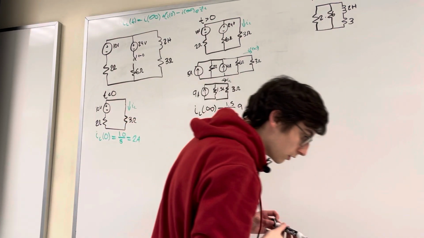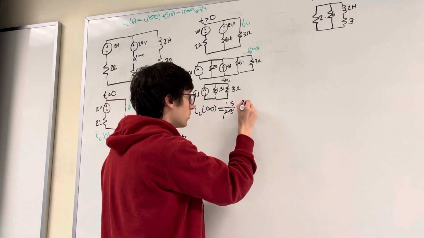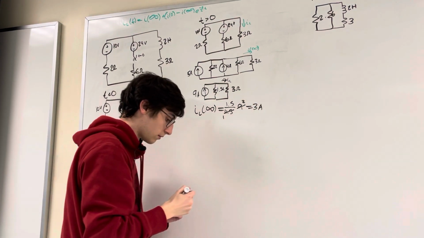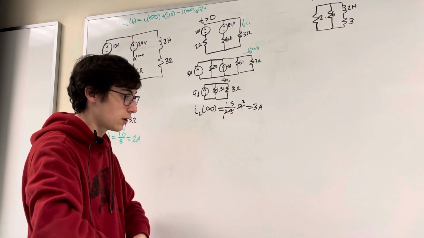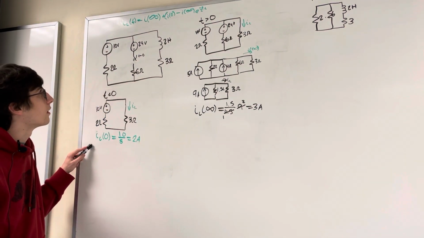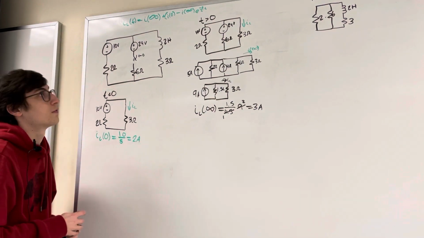And that is just going to be equal to, this could go down to 1, this is 2. 2 times 1.5 is 3 amps. And now that we have our I of 0 and our I of infinity, all we need left is to find Req.